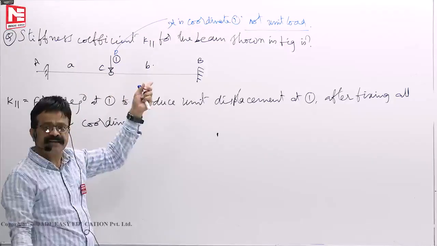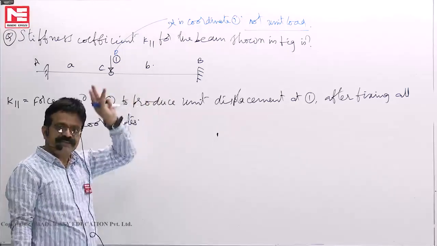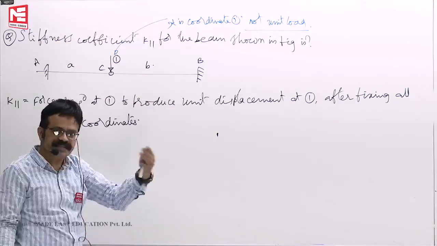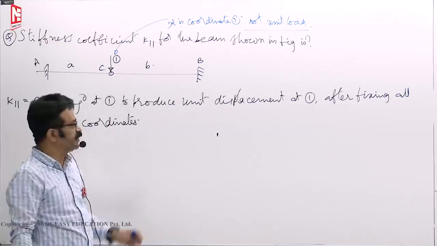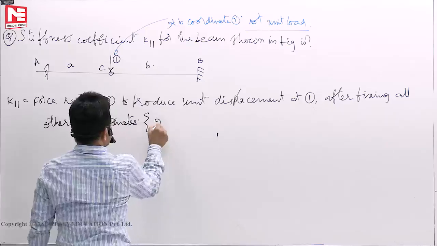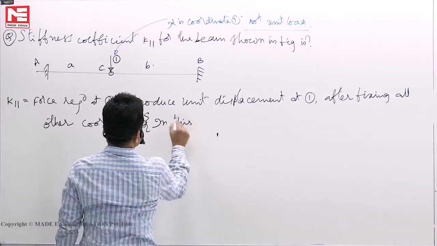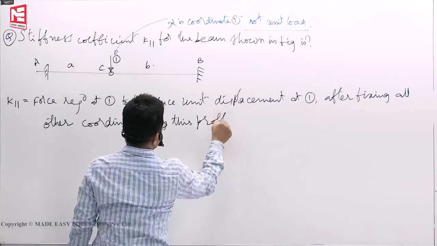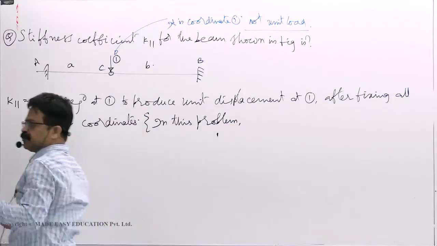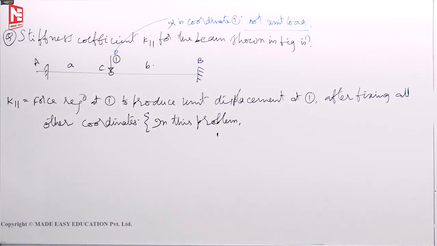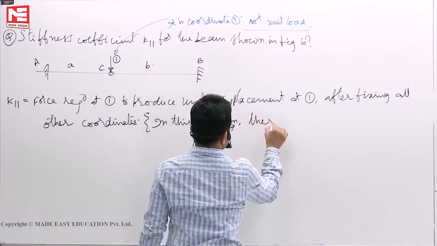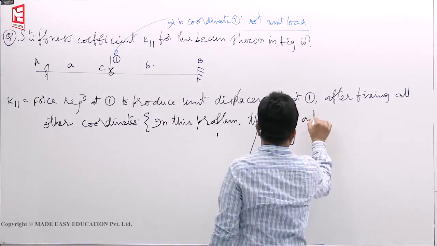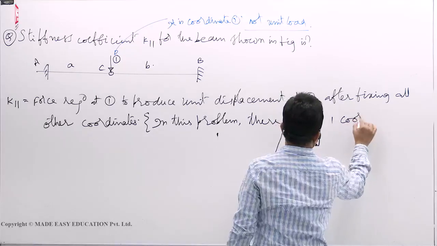If the coordinates 2, 3 are also given, then with respect to 3 coordinates, the stiffness matrix, the stiffness coefficients, everything will be different. Okay. So, in this problem, there is only one coordinate. There is only one coordinate.